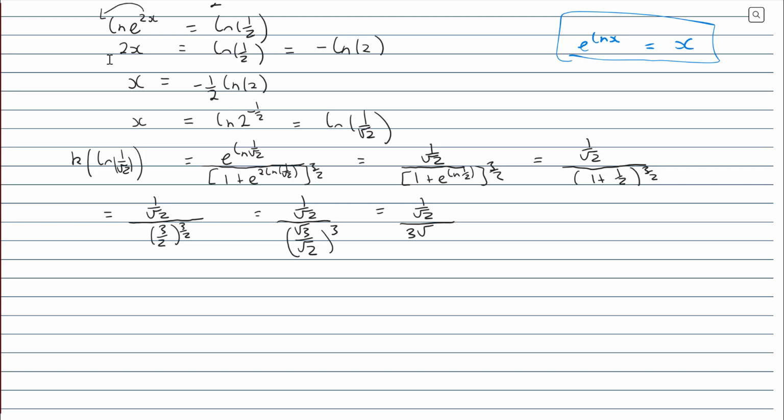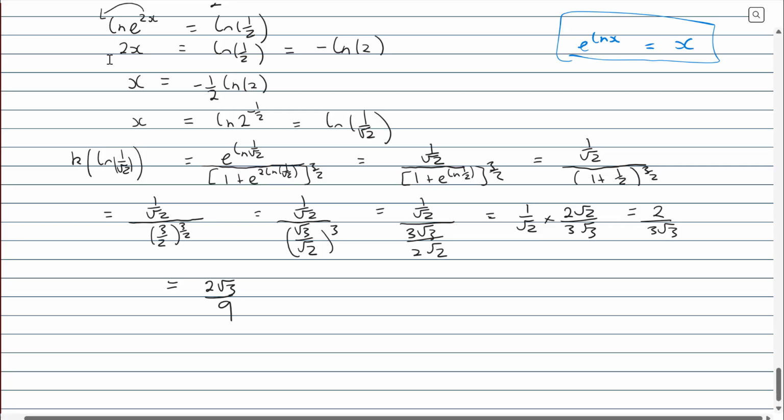Then I get 3 root 3 over 2 root 2, and then just multiply by the reciprocal, so 1 over root 2 times 2 root 2 over 3 root 3, which equals 2 over 3 root 3, and the final answer is going to be equal to 2 root 3 over 9 as we rationalize the denominator. So we have shown that.